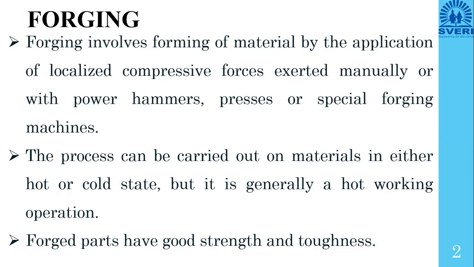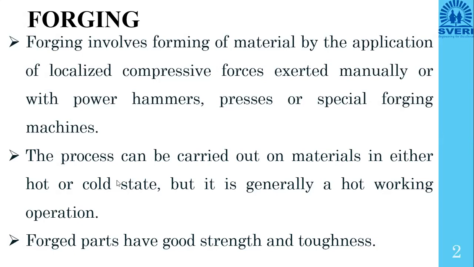And the machined part is the weaker one. Why? It is prepared by cutting the material. Whatever material layers are there have been cut, and because of that cutting, the strength is less. So from a strength point of view, forged parts have very high strength.